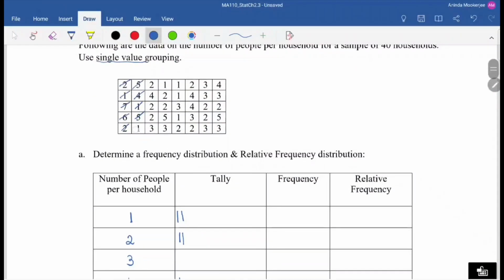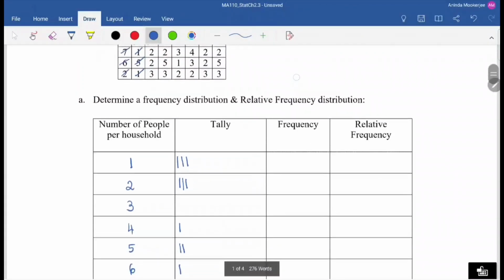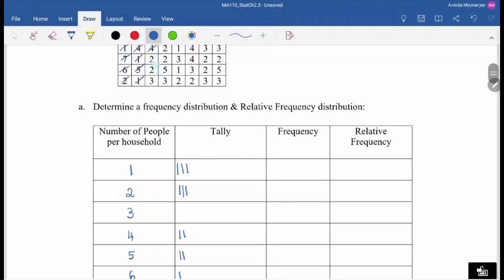5, 1, 1, 2, 2, 4, 4, 2, 2. And then I have another 2, but now I have 4 lines for the 2 already. So this is the 5th one.